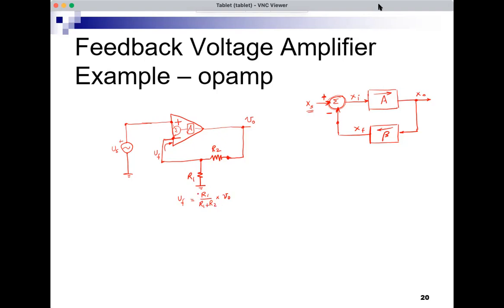So that's my beta, R1 over R1 plus R2. So this is an example of a feedback amplifier where we implement the beta block using a voltage divider with 2 resistors, and we implement the sigma and A blocks with an op amp.